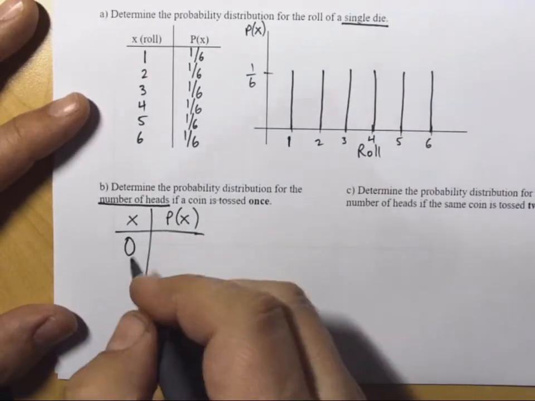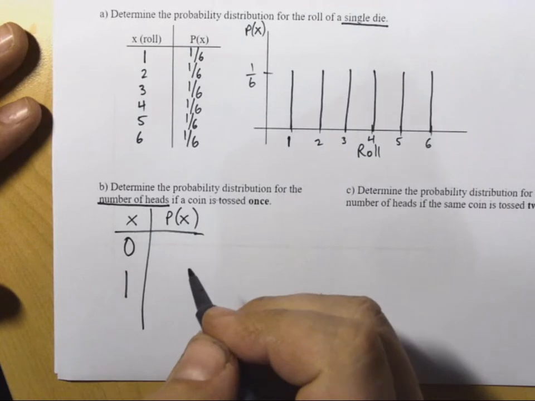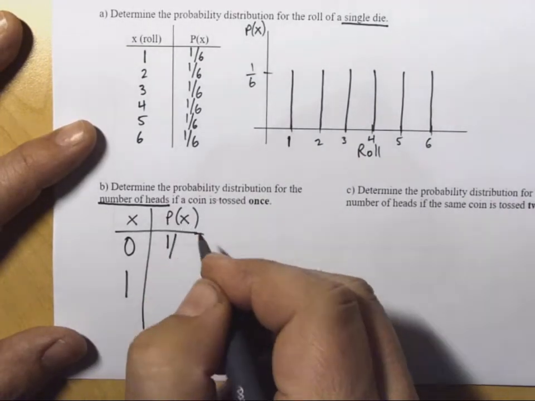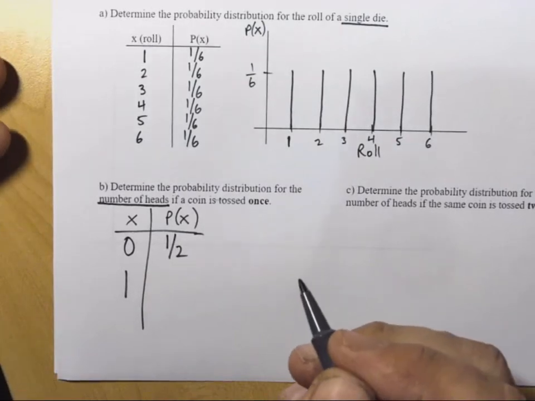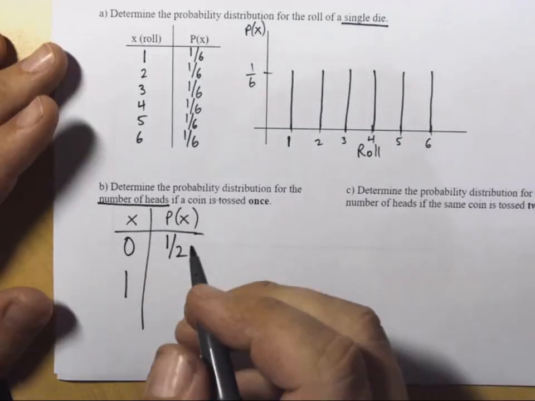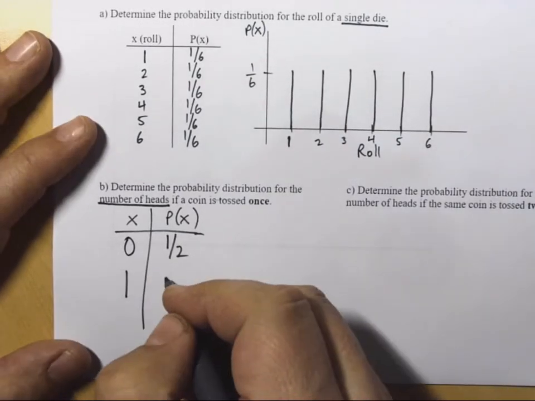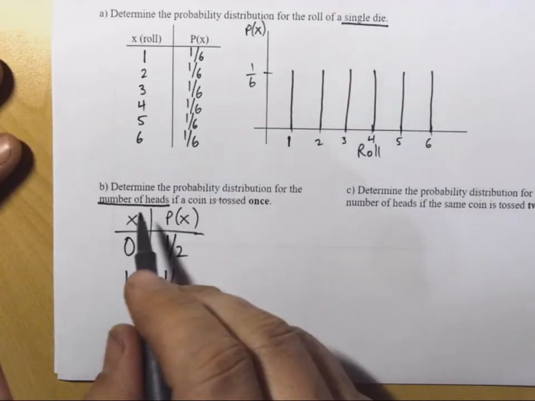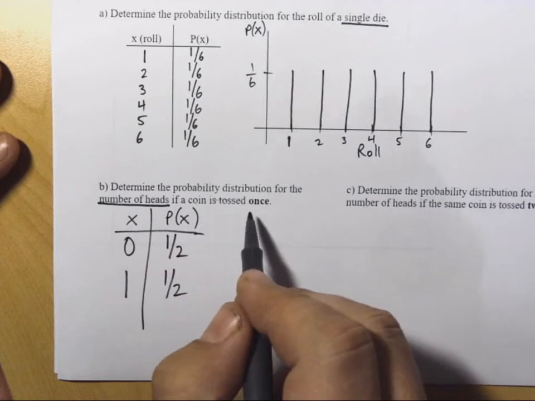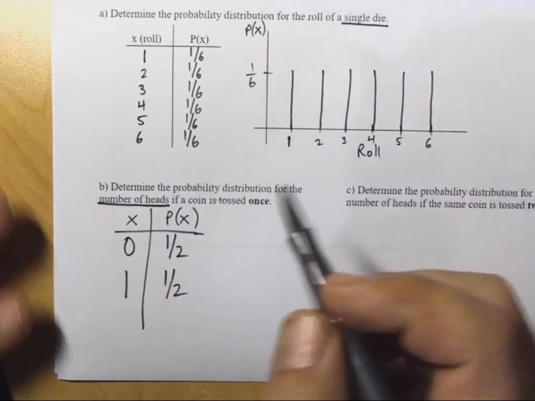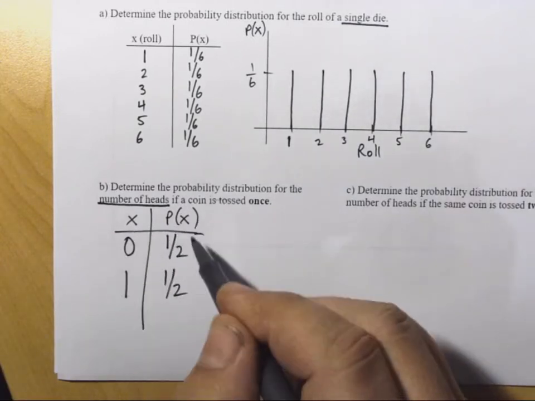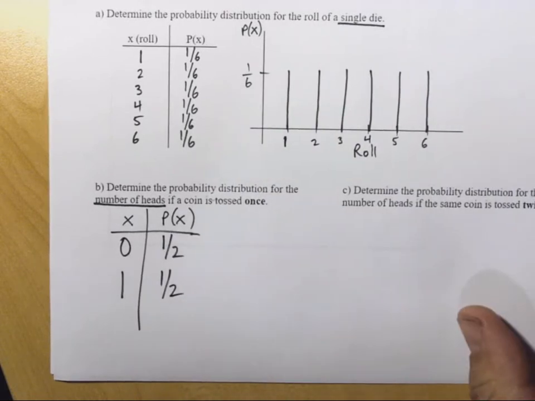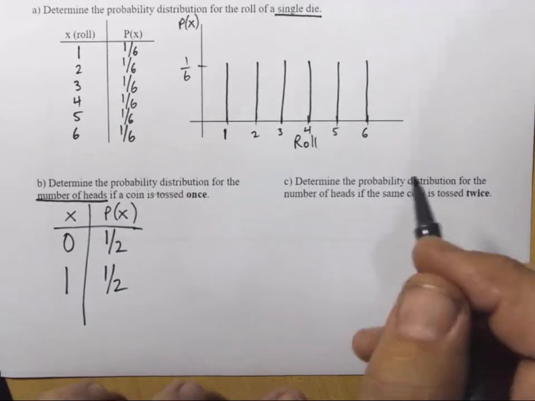Or I could get 1 head. The probability of getting 0 heads, P of X, is 1 in 2. That means I must have flipped a tail. The probability of flipping 1 head is 1 in 2 as well. So there's our distribution for the number of heads if a coin is tossed once. This is another example of a uniform distribution because the probabilities are equal.